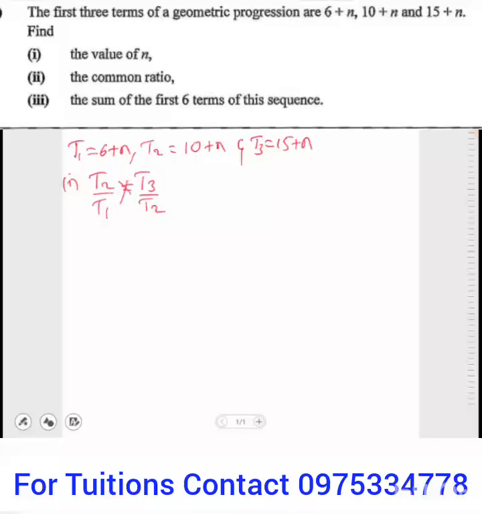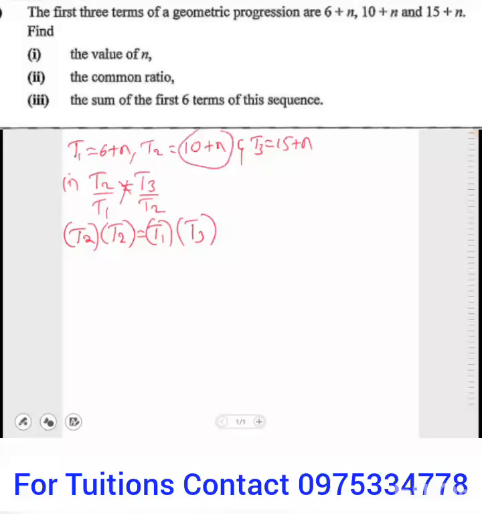And if we cross multiply, you'll find that T2 multiplied by T2 is equal to T1 multiplied by T3. Now you just have to replace the values.